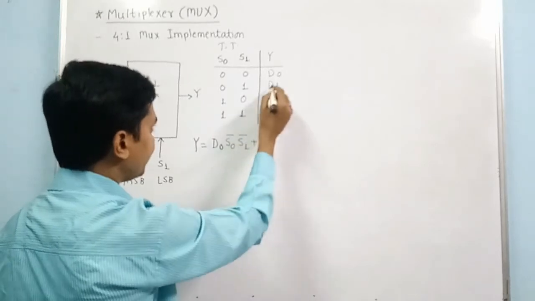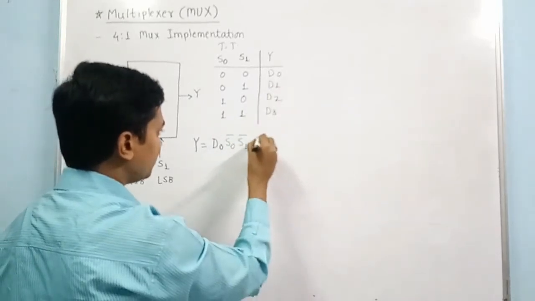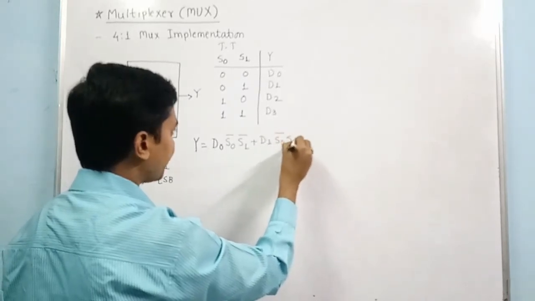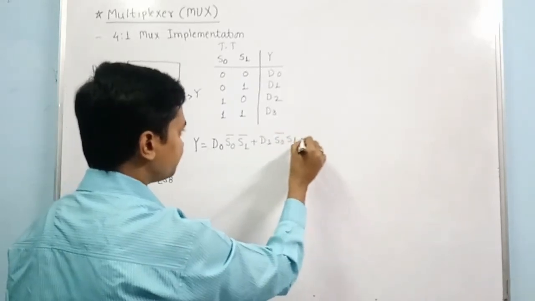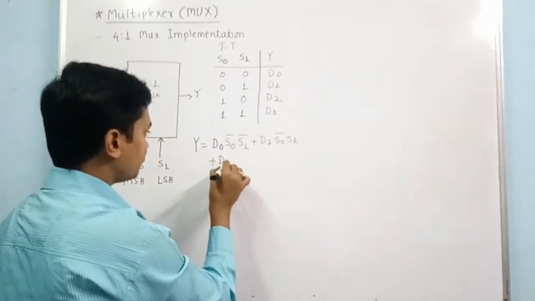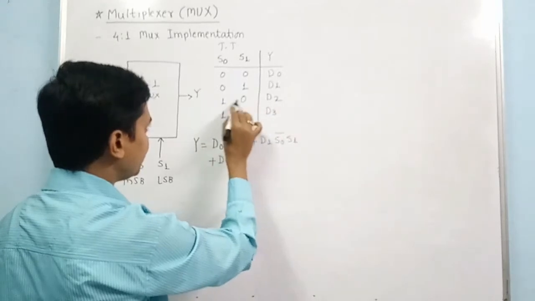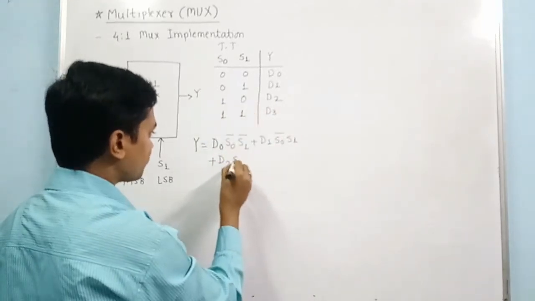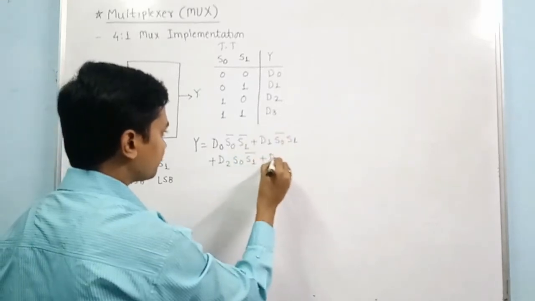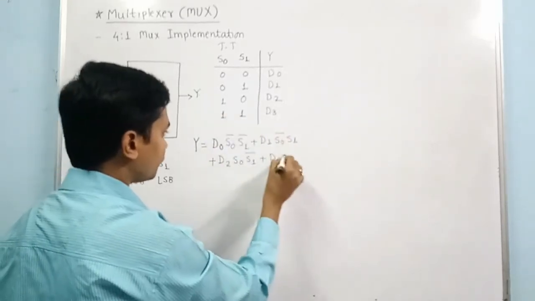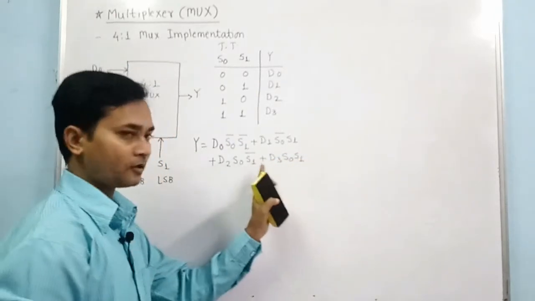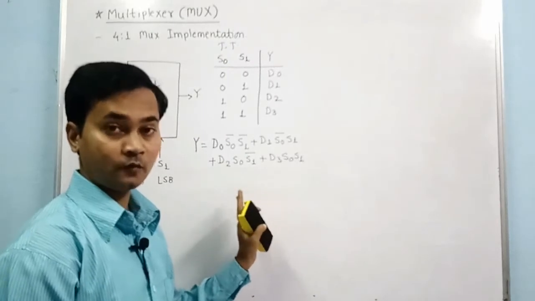For the next input, D1 into S0 bar and S1, then plus D2 into S0 into S1 bar. And what about D3? Both variables are 1 1, so write S0 and S1 directly. Now this is the output equation of the 4:1 multiplexer.